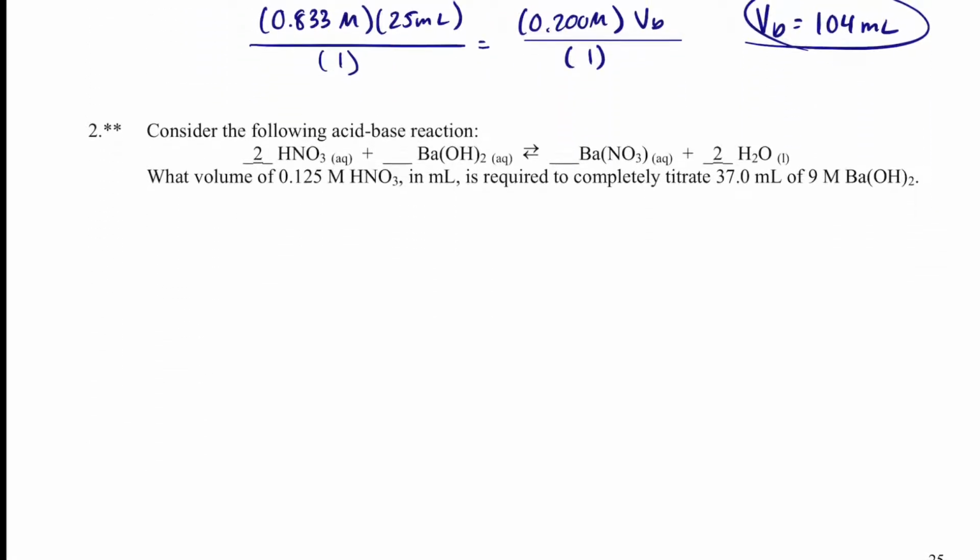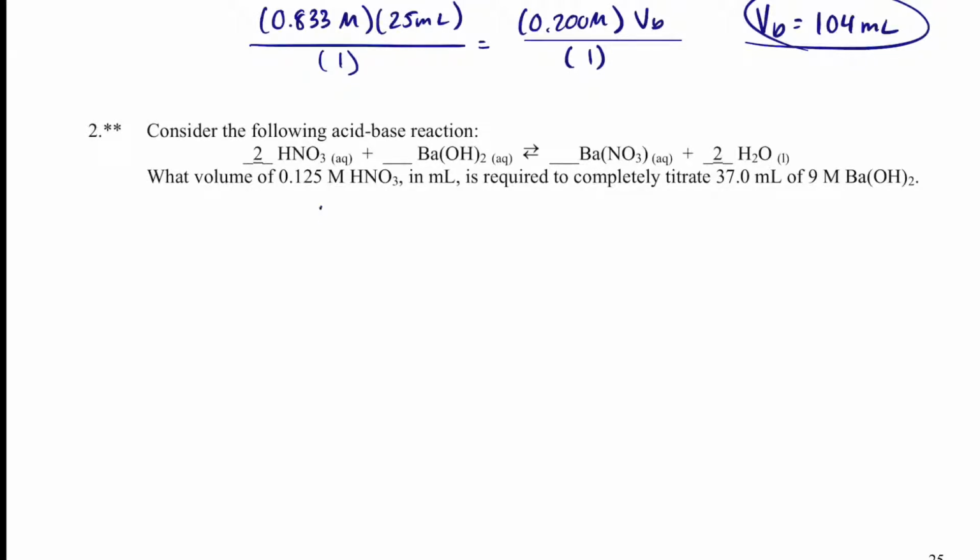Now in question number 2, it says consider the following acid-base reaction. We have this simple acid-base reaction, and it says what volume of 0.125 molar HNO3 in milliliters is required to completely titrate 37 milliliters of 9 molar barium hydroxide.